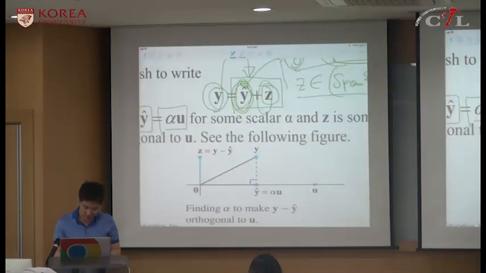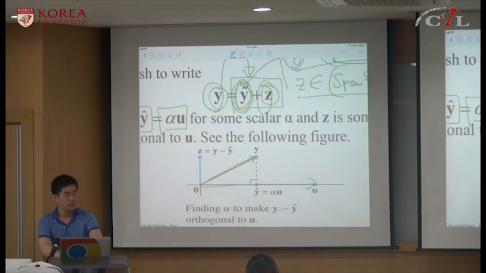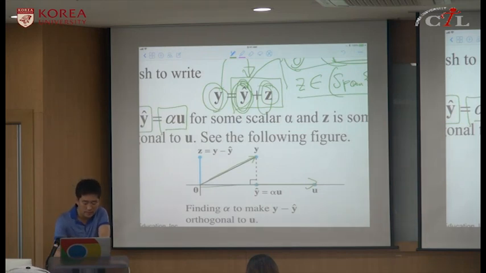In this figure, suppose we have this y, and this is u. Geometrically, this decomposition considers the point where y is projected orthogonally along the line spanned by u.